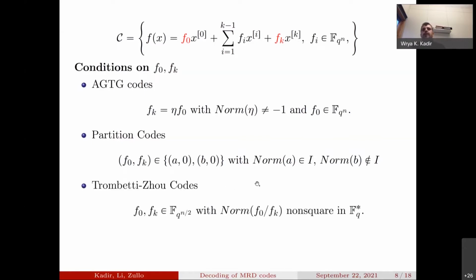And for Trombetti-Zhou rank metric codes, which are not equivalent to the other two families, here also we have some condition on F0 and Fk, and some extra conditions on the norm of these two coefficients. But here you can see that F0 and Fk are taken from the half field. They are not taken from the main extension field or from the base field. So these are the differences between the conditions on F0 and Fk between these three families.